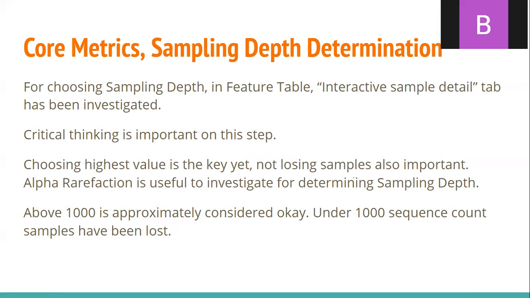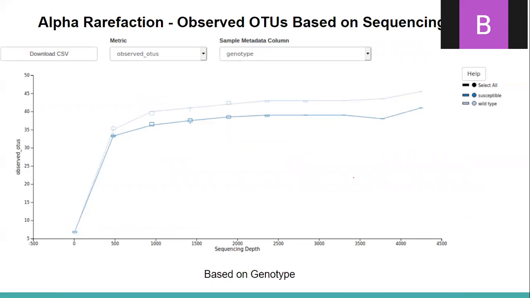Actually, the better way to say it is how many sequence counts you have in every sample. Here, we use the median frequency as a parameter to obtain the most accurate approximation, which I showed before is between 3,000 and 4,000 or so.